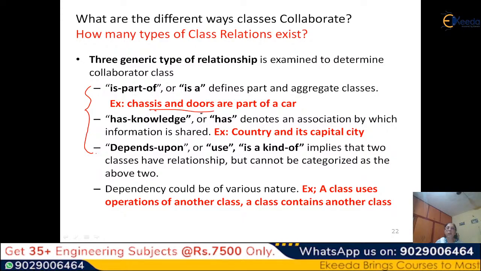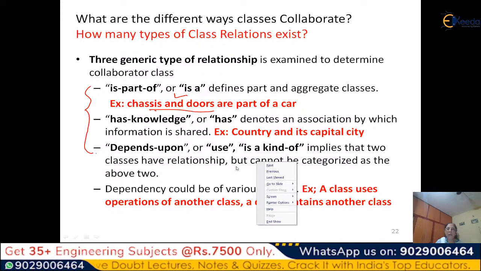Chassis and doors are all parts of the car, so definitely this is a part-of relation. It is defining an aggregate class. Which is the aggregate class? Car is the aggregate class, and these are the parts. Similarly, country and its capital city. There is just an association. Every country is aware that it has a capital, so the relation is has.